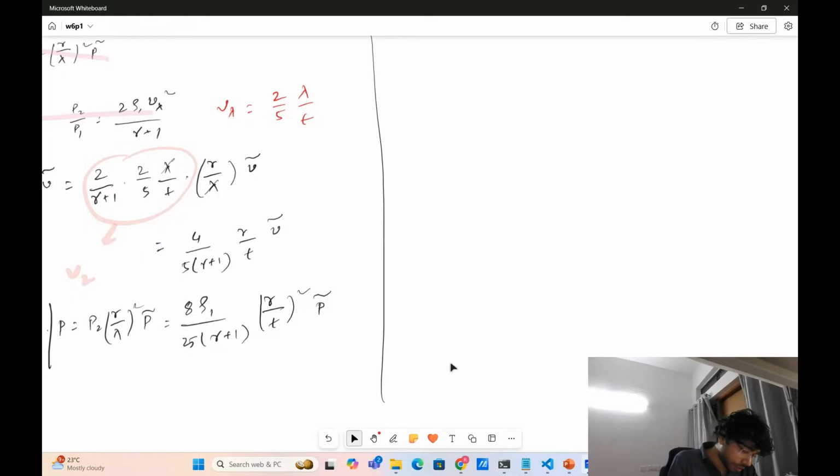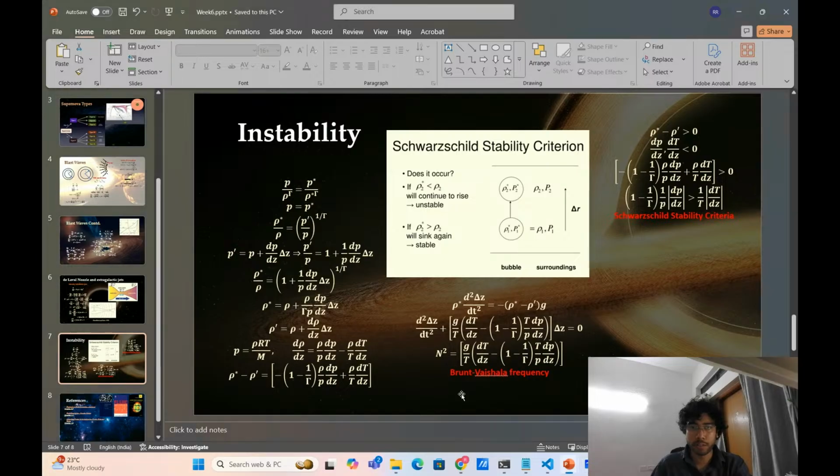So you see that we have this equation of the form d squared delta z by dt squared plus N squared delta z equals 0, where N squared is the Brunt-Väisälä frequency. Let me write down the expression for N squared as well over here.